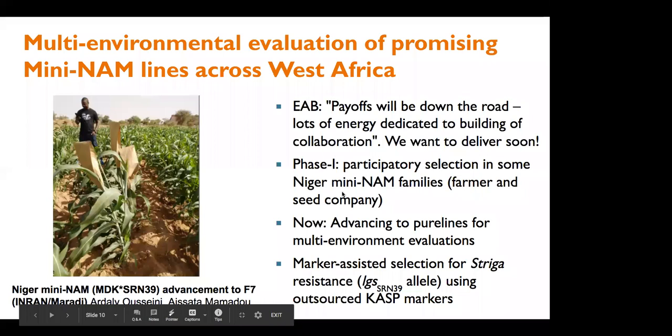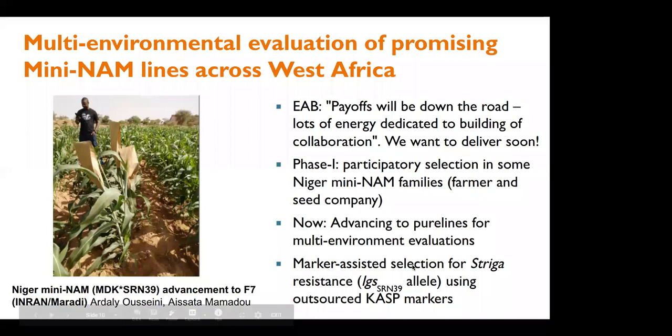Yeah, it looks like they haven't connected. So they are now advancing that material this past year to F7, so to get those pure lines for multi-environment evaluation, and all the work that Fana's been doing, and I'll mention a little bit more, or Fana will if she's on the call.